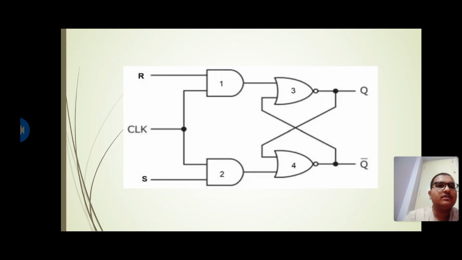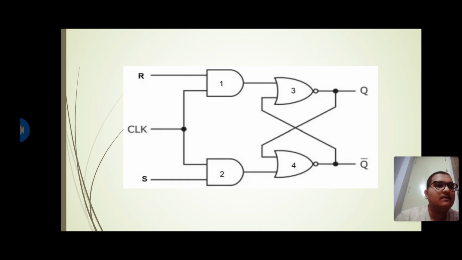Now, let us go into the circuit diagram. Here, R and S are the both inputs of the AND gates. These AND gates are connected to the OR gates, OR gates with a bubble, so it is XOR gate. And these XOR gates outputs are connected to the opposite XOR gates.